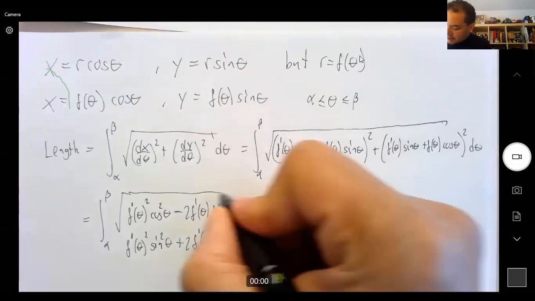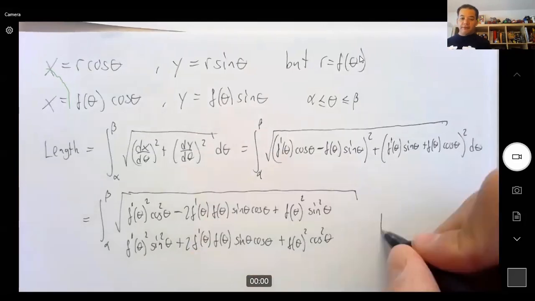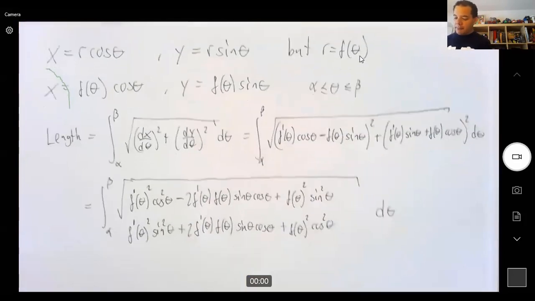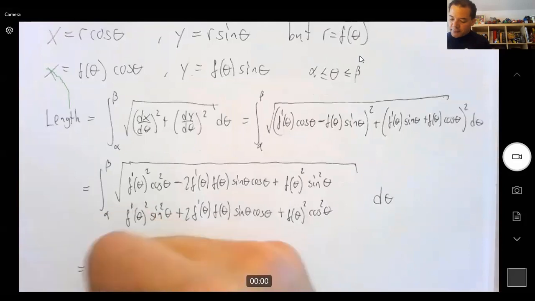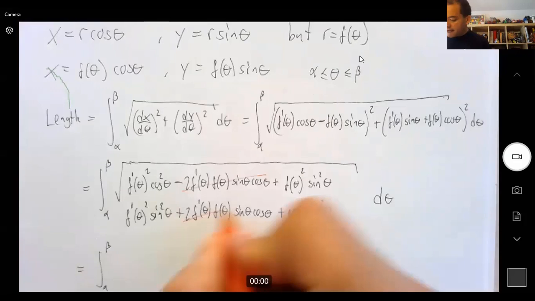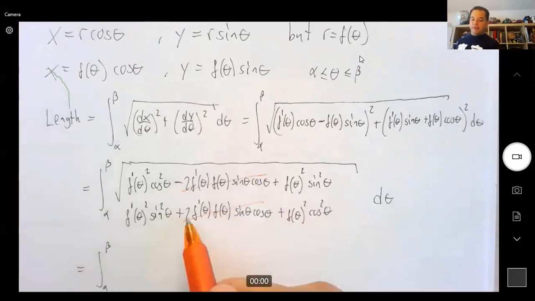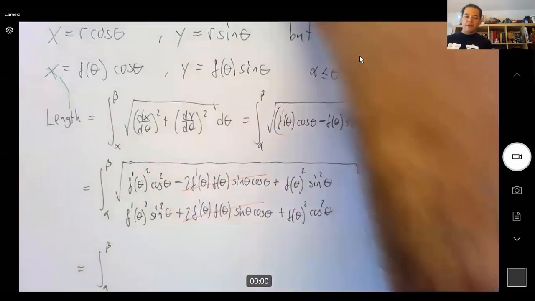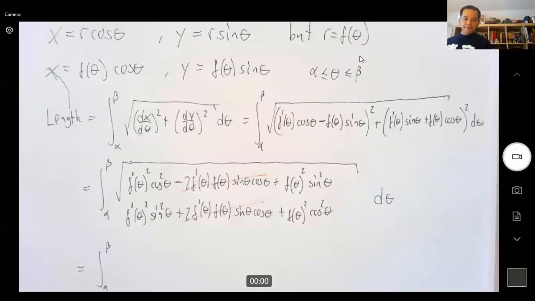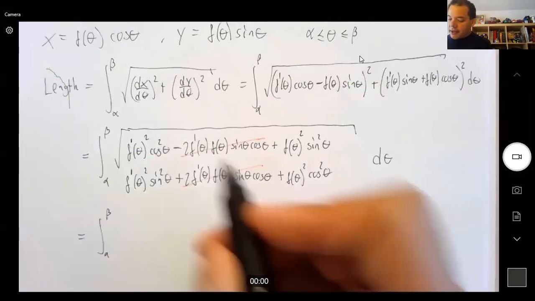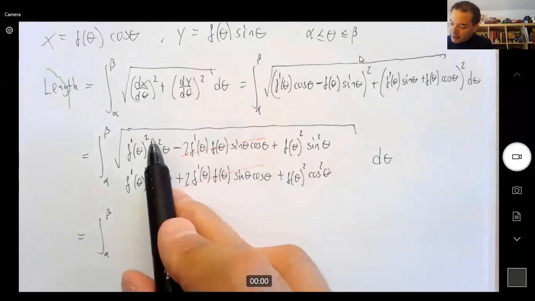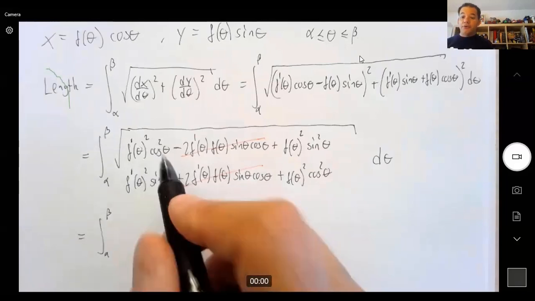There's one gigantic square root behind all of that. And I chose to do it like this, putting one below the other, so that you could appreciate the following. First, that this big term cancels, because it's the same, but one is negative and the other is positive. And second, that here we can factor the sine square and the cosine square. We can factor the f prime theta square from both, and sine square plus cosine square is equal to 1.